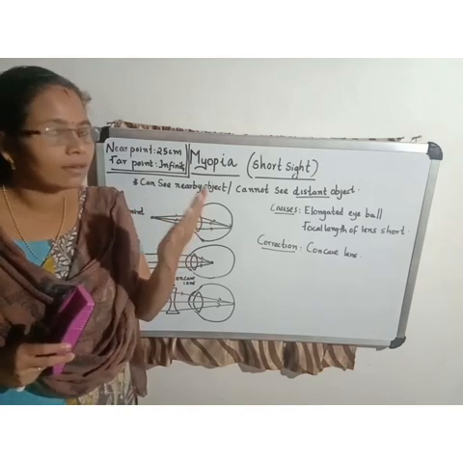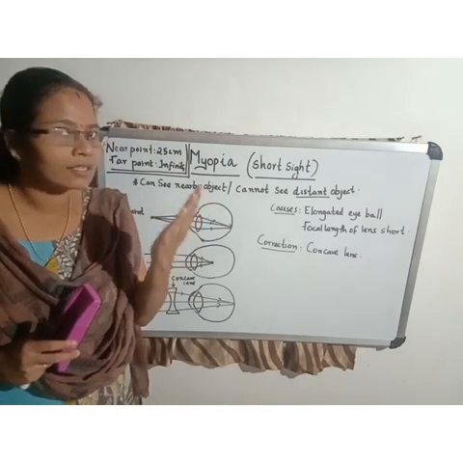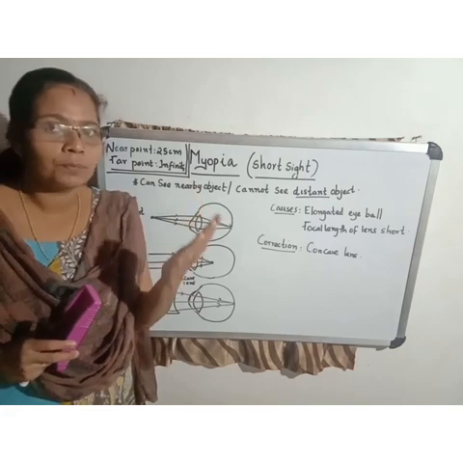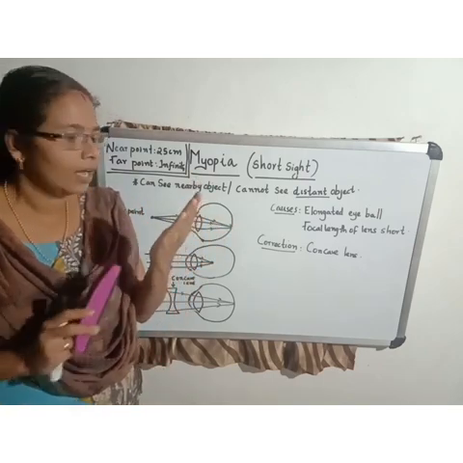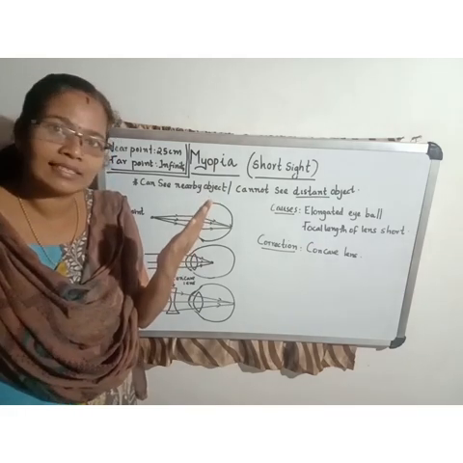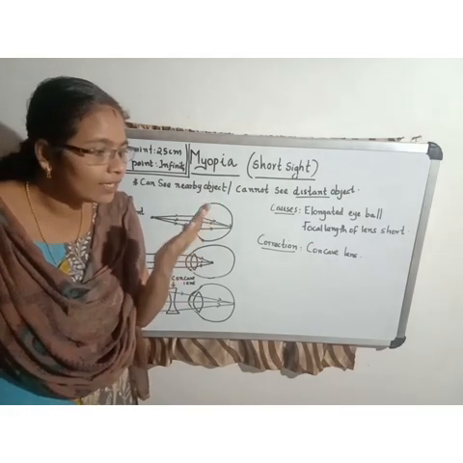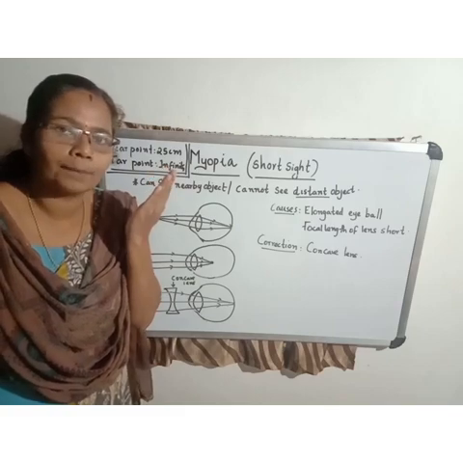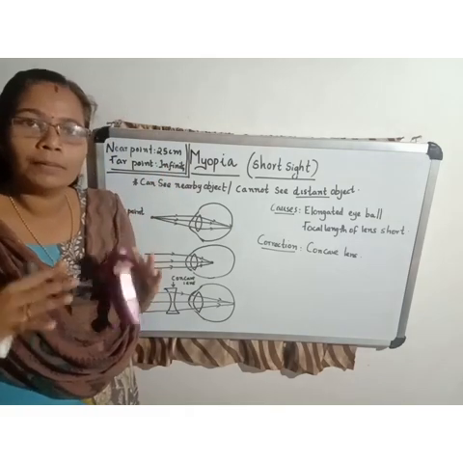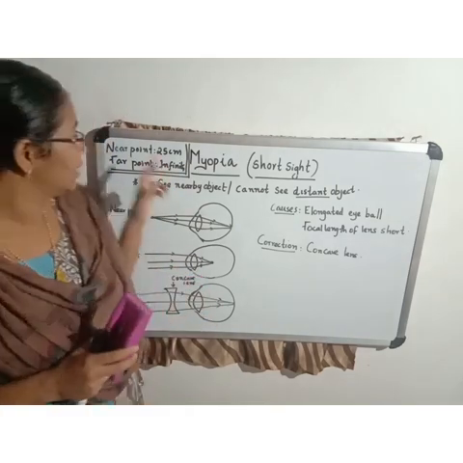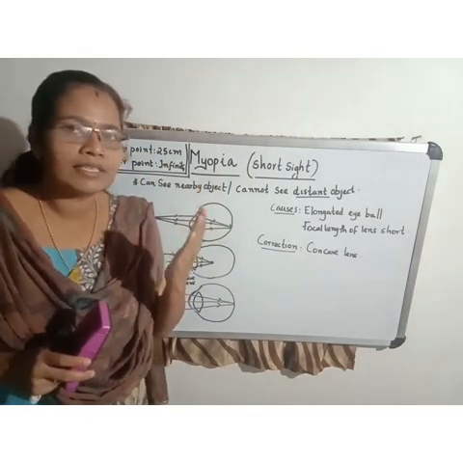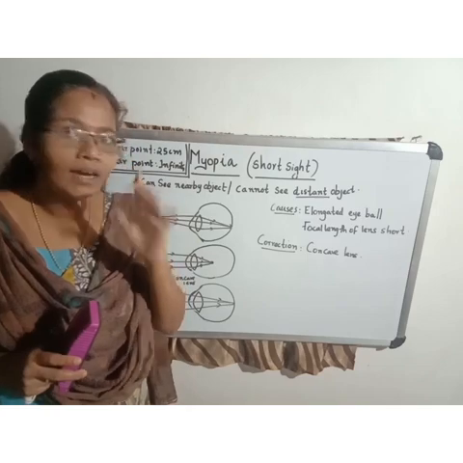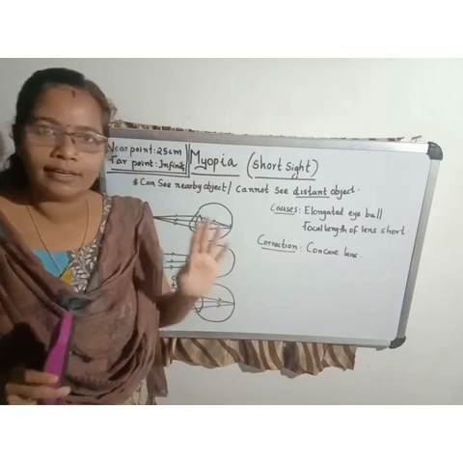If you keep a book, or whatever it is, at 25 centimeters, we can see it clearly. But if you decrease the distance, our vision will be blurred. That is the near point: the minimum distance from the eye at which we get clear vision.